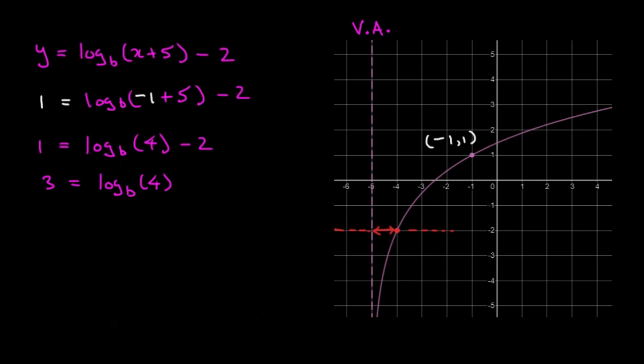Now this is a more difficult situation than the first 2 examples, because of course we were getting 1s over here, and then all we had to do was realize that the base has to be that number that's inside this logarithm. Well, that's not the case here, but we can still salvage this by putting this in exponential form. This logarithm is base b, so that would correspond to an exponential with base b raised to this power of 3, and that has to be equal to 4.